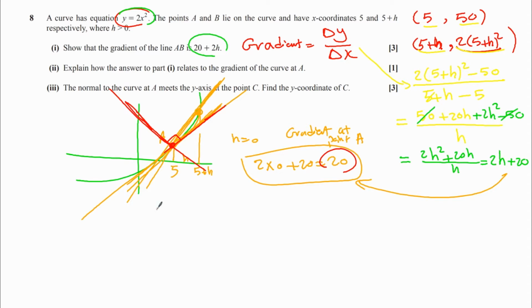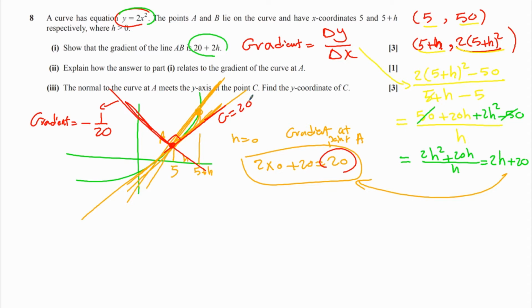So the gradient of a normal line would be minus 1 over 20, because the gradient of the tangent is 20. And these are perpendicular. If you look at the condition for perpendicular lines, the gradients times each other equal minus 1.